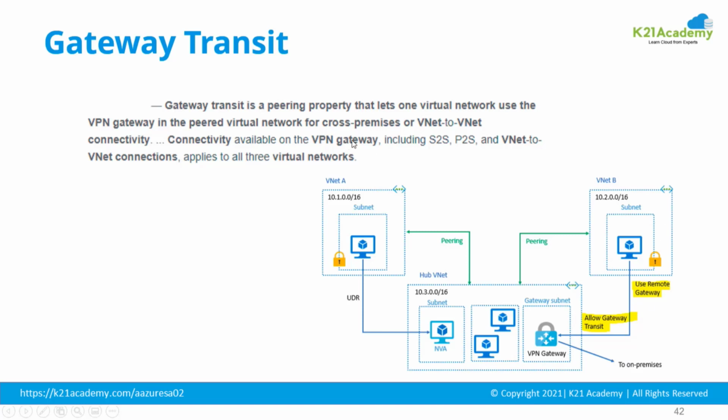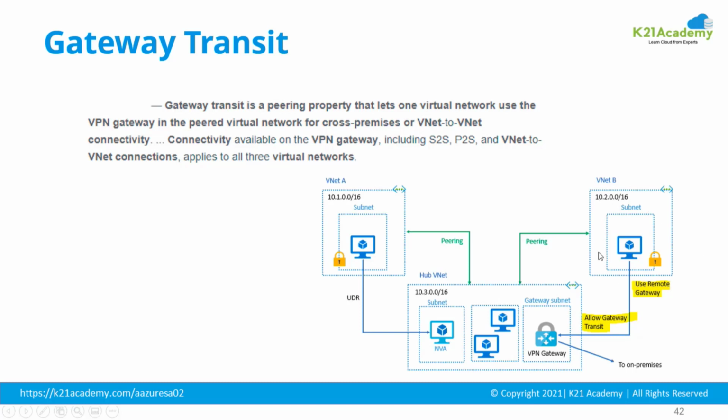Gateway transit is a property that you set when defining peering that lets one virtual network use the VPN gateway that is peered to connect across environments.